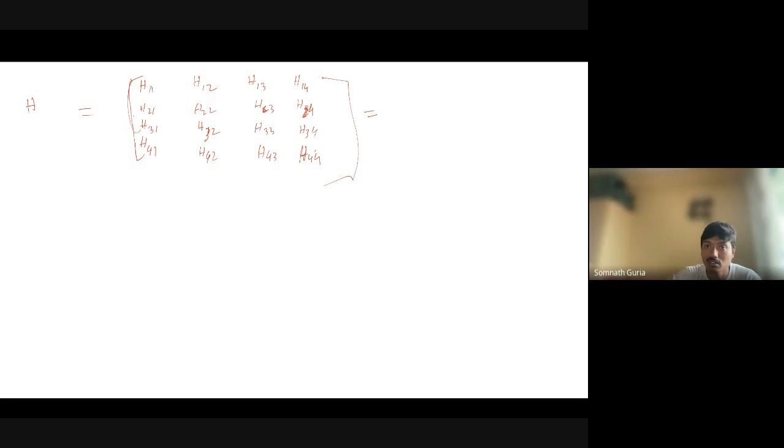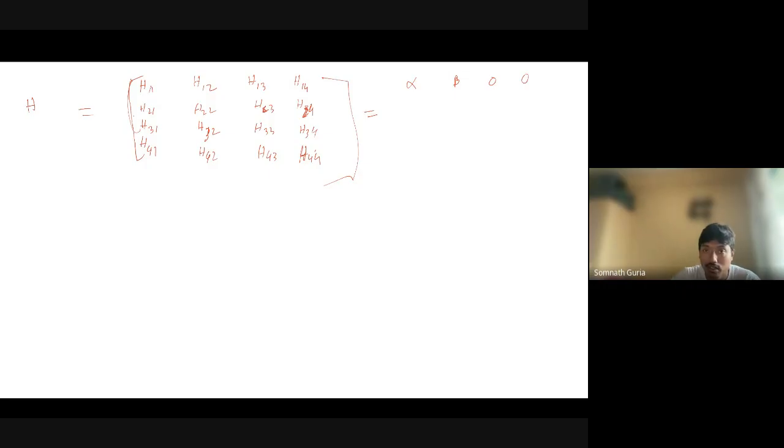So H11 is called alpha, H12 is called beta, and then coming to Huckel's rules: Huckel's rules say that for nearby atoms it is beta, and for far away atoms the overlap integral will be 0. Then H13 will give you 0, and H14 also gives you 0.